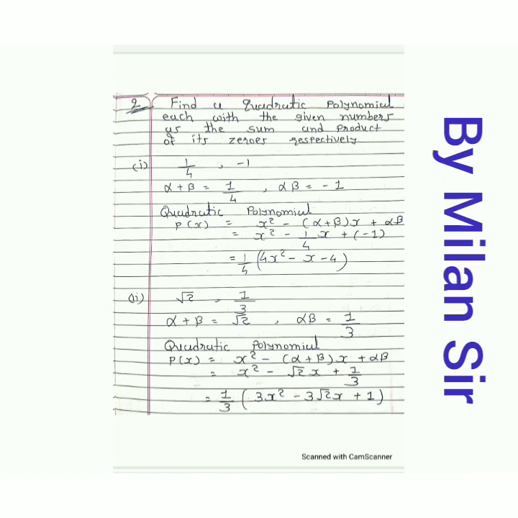So our first value is the sum of zeros and the second value is the product of zeros. This applies to all these 6 questions. So this is the sum of zeros, that means alpha plus beta. This is the product of zeros, that means alpha into beta, multiplication. Then we need to find the quadratic polynomial.